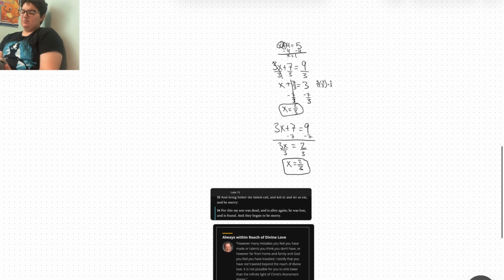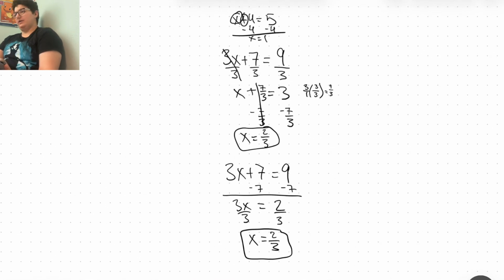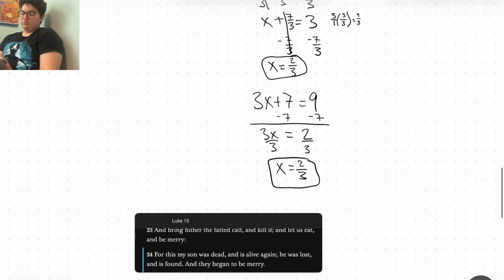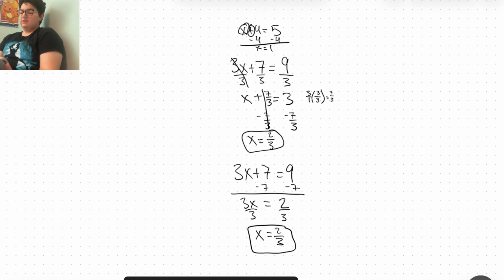I love that no matter what the problem, whether it's a two-step equation or a quadratic equation or however complex you want to go, there's always a way back. There's always a way to the answer. And you can do some funky things and make the problem harder by not doing it in the most efficient way.